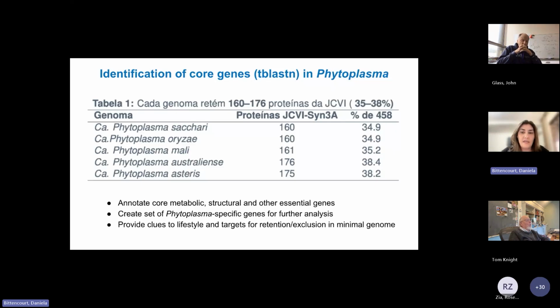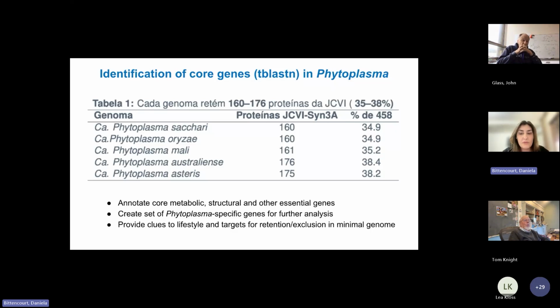And here in this table, sorry, just in Portuguese, we have the results of this initial comparison between JCVI-SYN3A transcribed proteins with the ones from different phytoplasma species. And it shows that at least 38% of the minimal cell proteins content is similar to phytoplasmas. So of course, this approach is showing that it will help us to get our genome assembled.